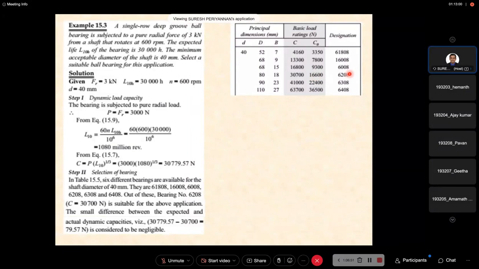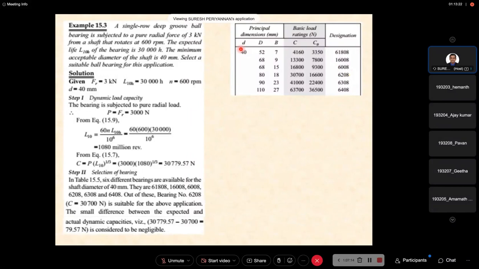Now what is the bearing series? This is the bearing designation, also satisfying our bearing inner diameter. Now this 08 refers to the bearing diameter. 08 multiplied by 5 gives our bearing inner diameter, which is 40 mm.